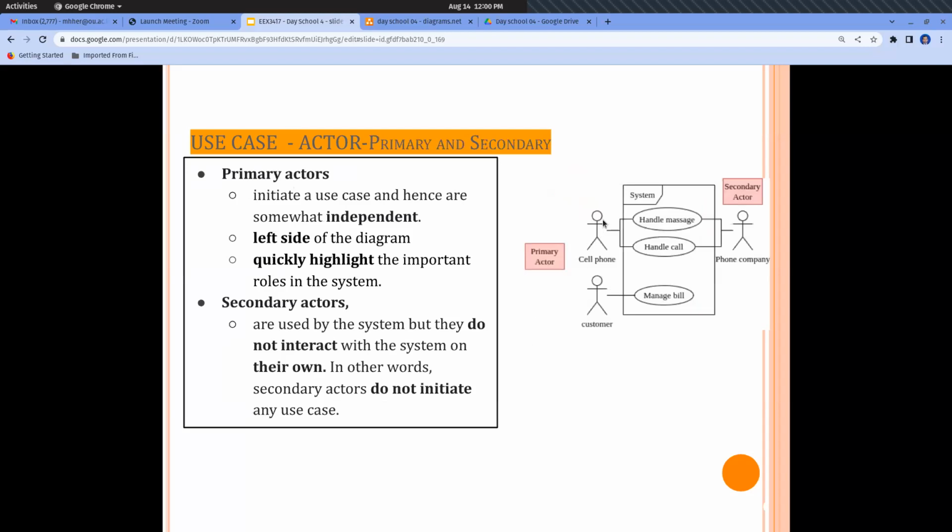Here you can see these actors are on the left side, and the phone company actor is on the right side. The left side actors we call primary actors, and the secondary actors are on the right side. Primary actors initiate the use case and hence are somewhat independent.